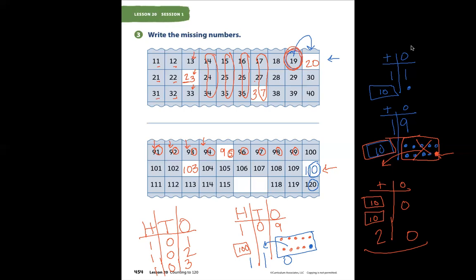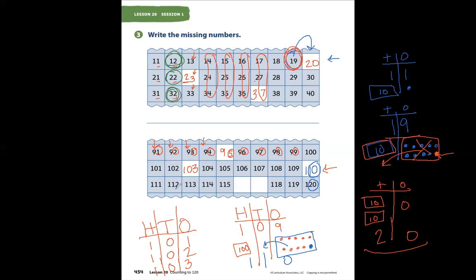Let's look at, I want a different color. I'm going to choose green. So here we have, look at up here. We have 12, 22, 32.